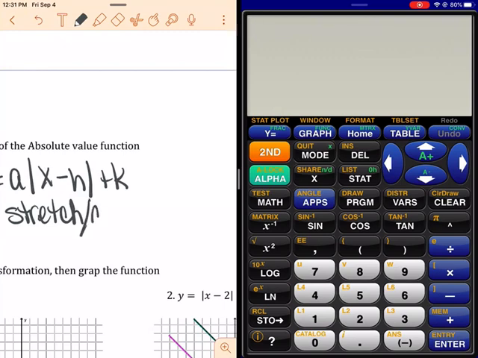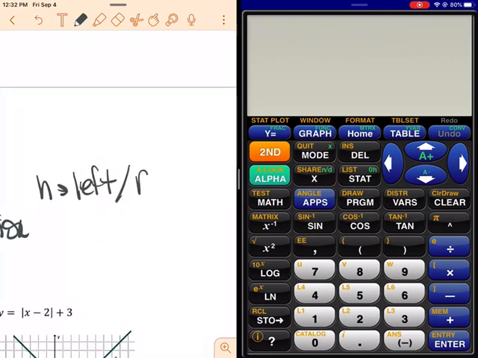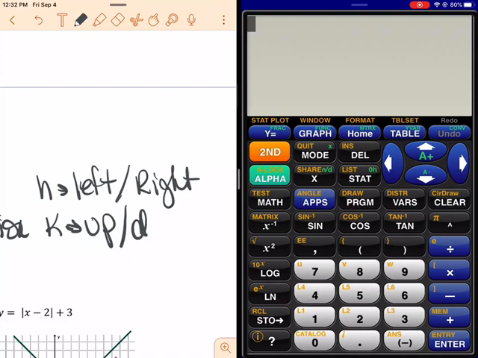That's going to change whether you're straighter or fatter. H is move left to right. And k is up and down.